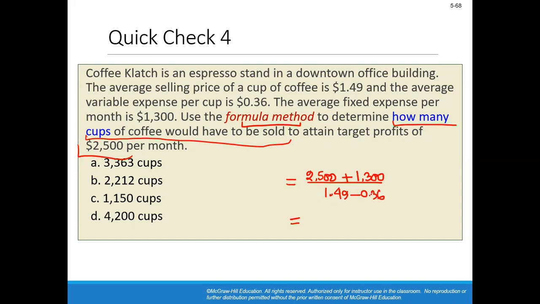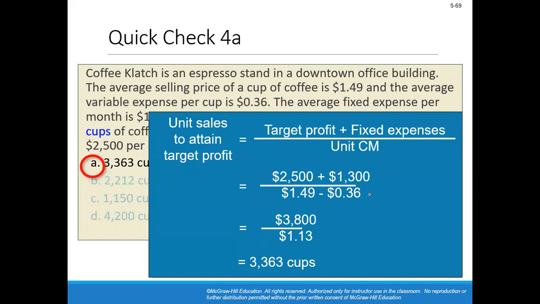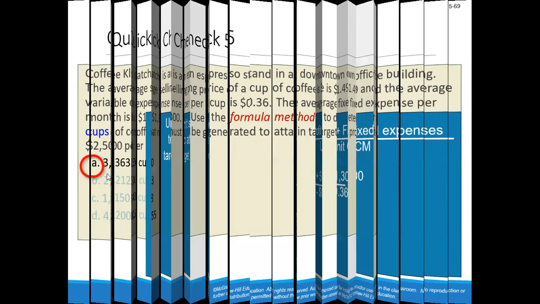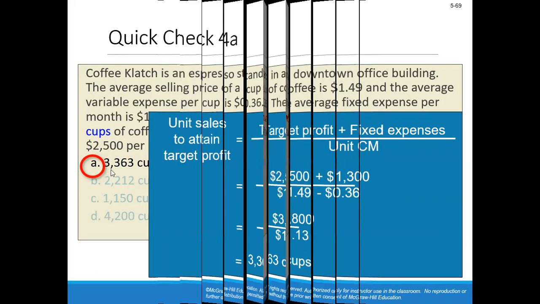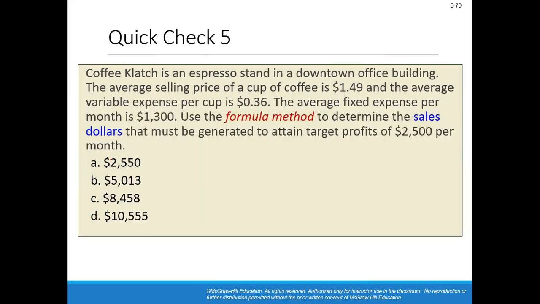So what I did was for getting the sales dollar. So 3,800 needs to be divided by 1.13. Yes, you have responded correctly: 3,363. Now, if the question is in terms of sales dollar, how much sales dollar do I need to achieve?